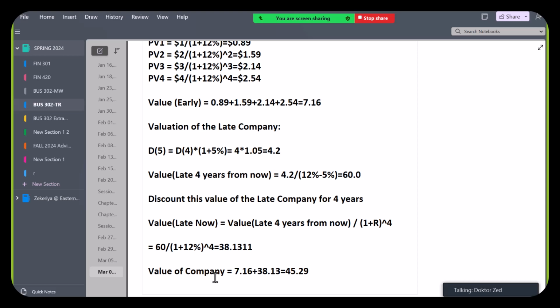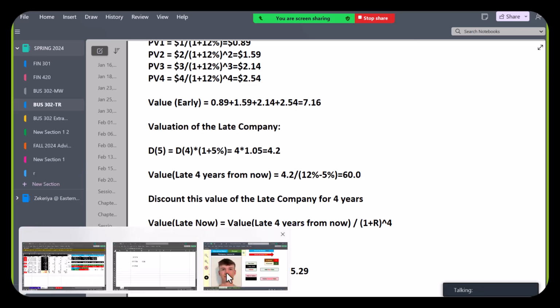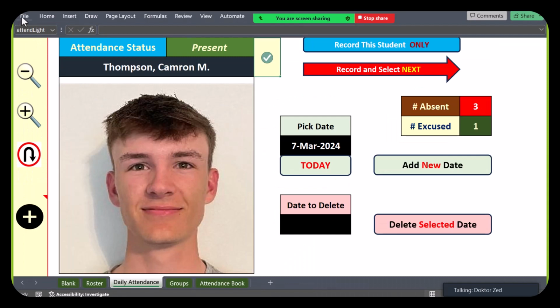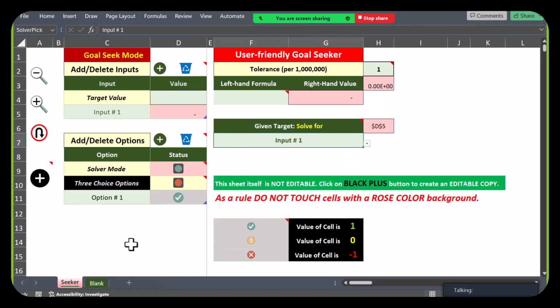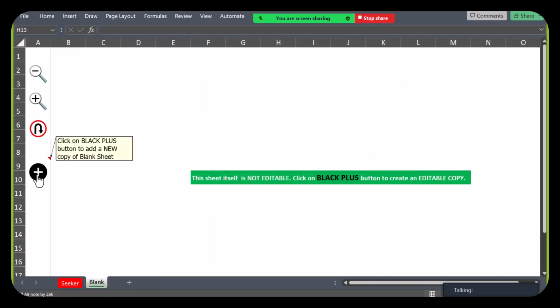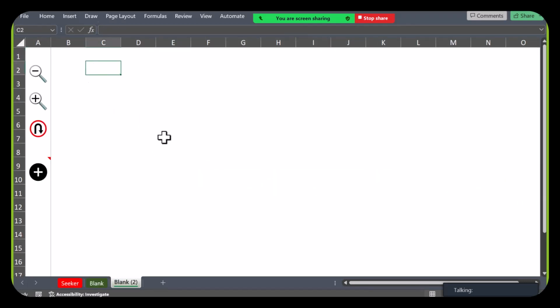Now let's make this a little bit more general. I'm going to go ahead and start a new Excel sheet. Okay. So let's put some of our inputs. Discount rate.